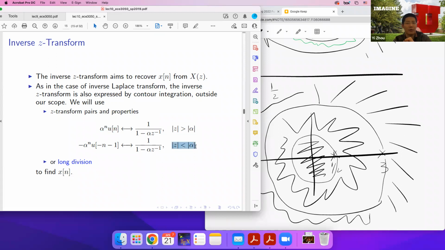Otherwise, if the ROC is inside a circle, then the corresponding signal is a left-sided signal. So once we specify the ROCs, we can use these existing pairs to identify the corresponding signal. This part is the same as what we did in the Laplace transform.